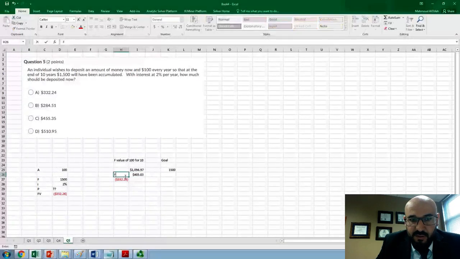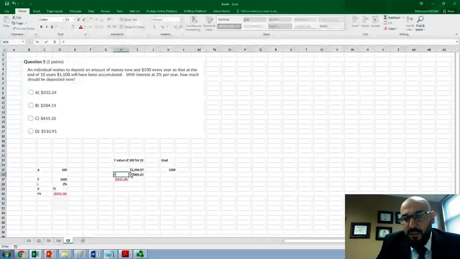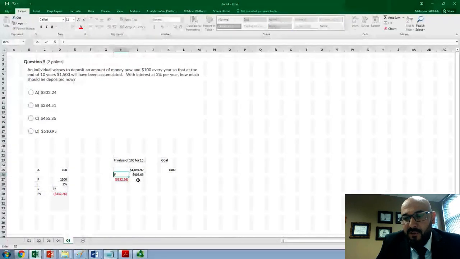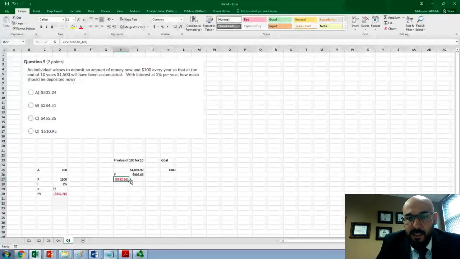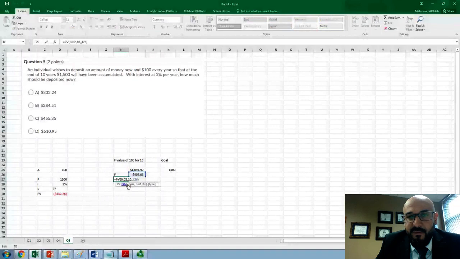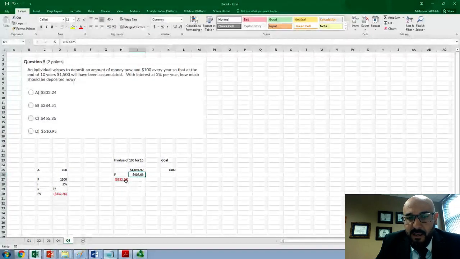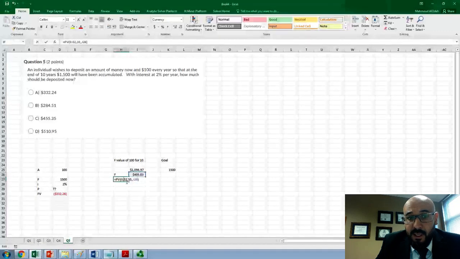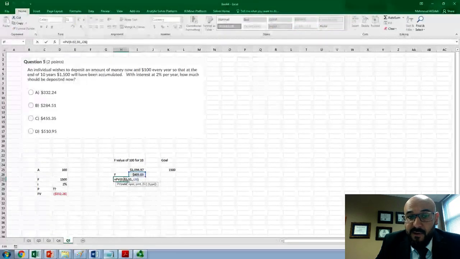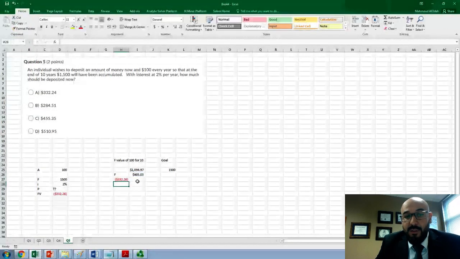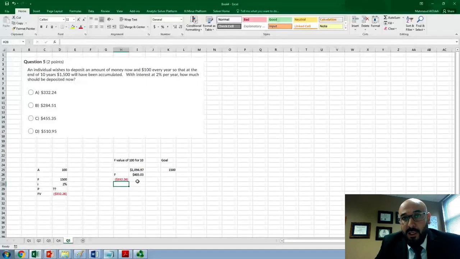This is a future value, the difference between what you have deposited every year and what you have to deposit at the beginning. So find the present value of the 405 using the PV function, 2%, 10 years, no payment, and use 405 as the future value. That gives you $332 to deposit.